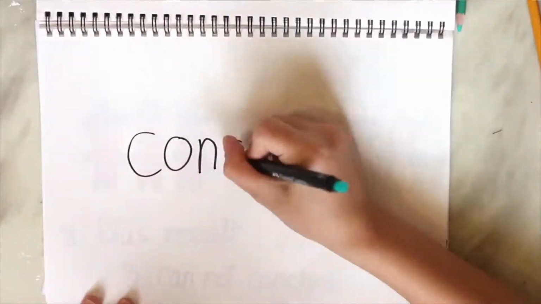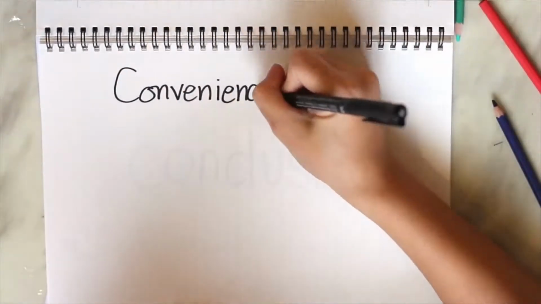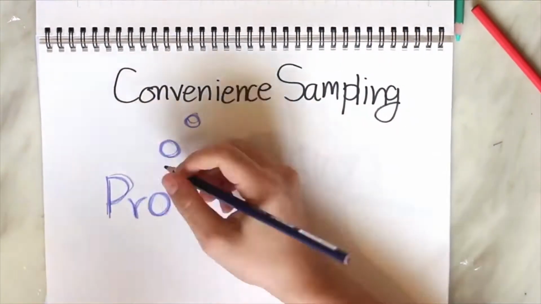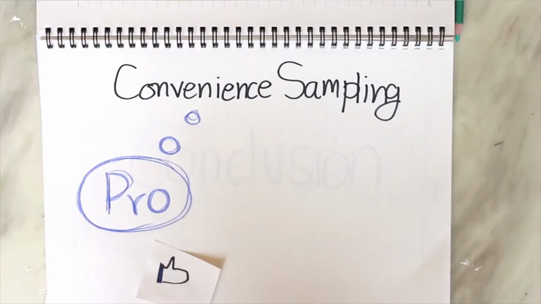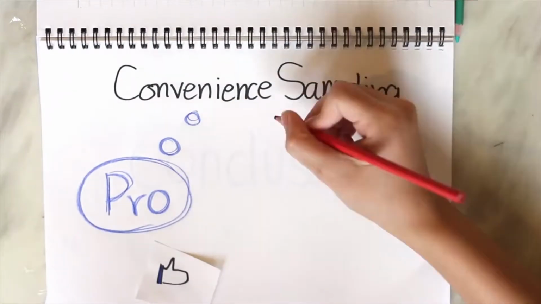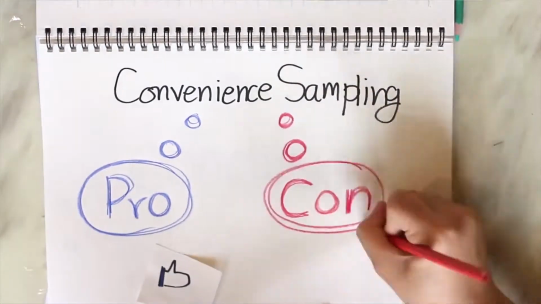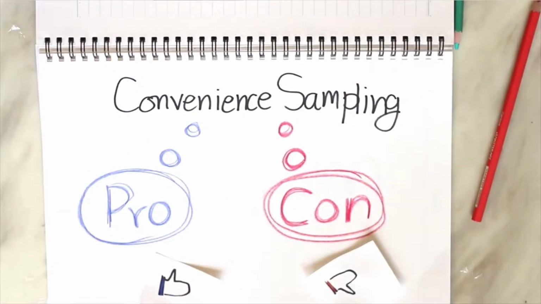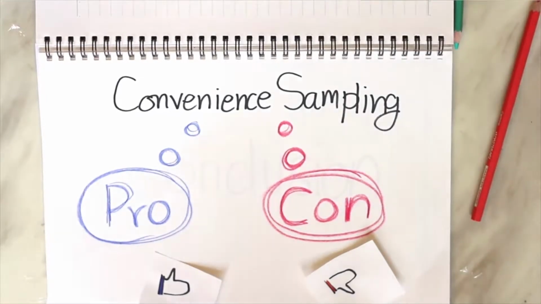In conclusion, the pros: it's fast, it's cheap, it's useful for piloting, and it's a specific group of people selected. Cons: it's biased, you could misinterpret, you can't generalize.